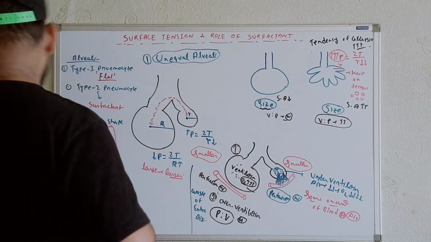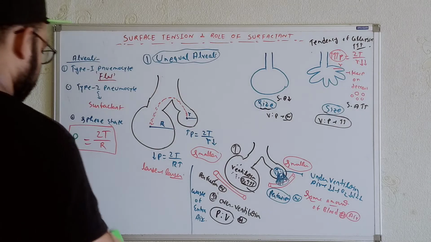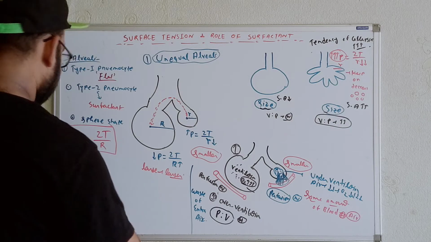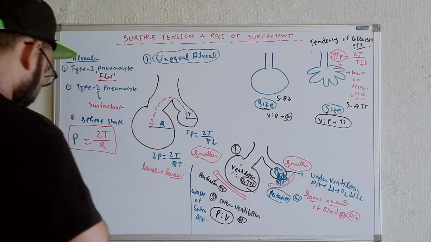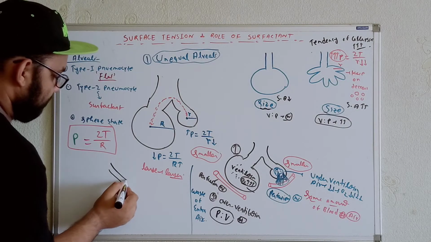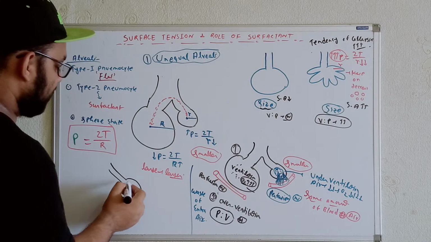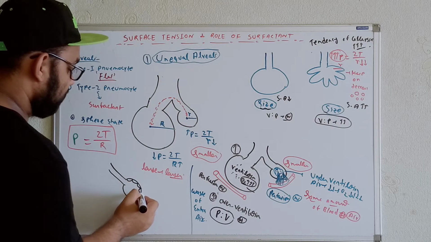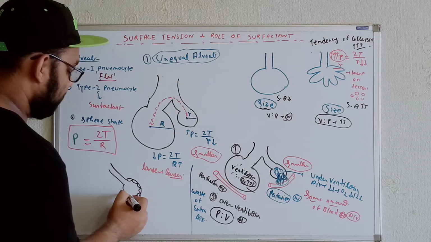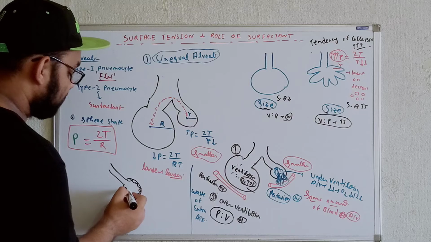Now another kind of problem we'll talk about. Let's write it over here. For example, this is the alveoli, and within the alveoli there are the flat epithelial cells, type 1 pneumocytes, and we are getting water molecules.